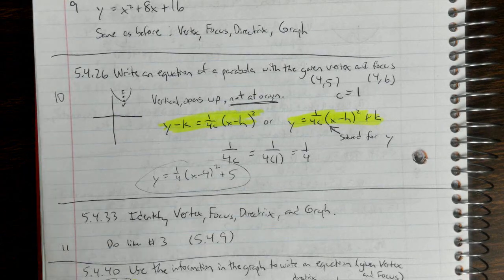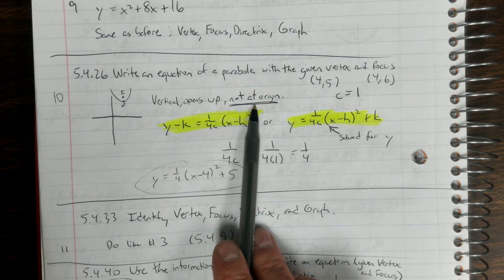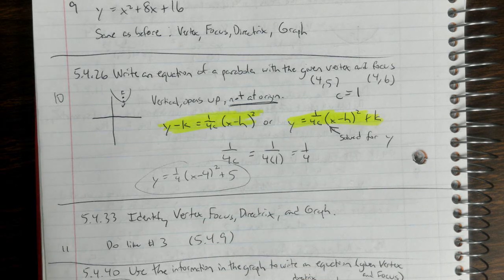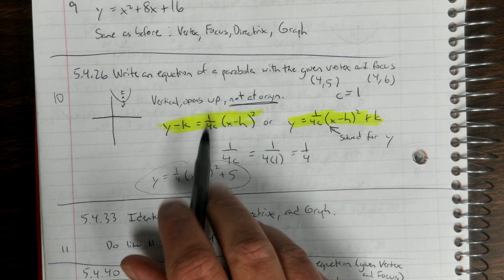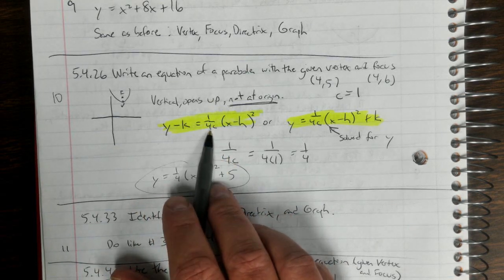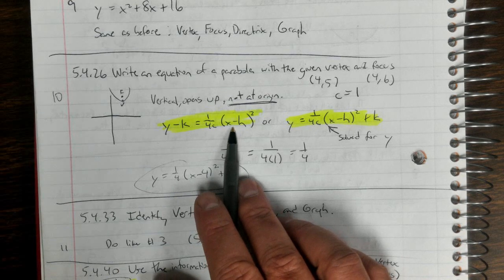Okay, so this is also like your first example, I think, where there's a vertex not at the origin. Not really your first, but one of your first ones. So you'd have y minus k equal 1 over 4c times x minus h squared.